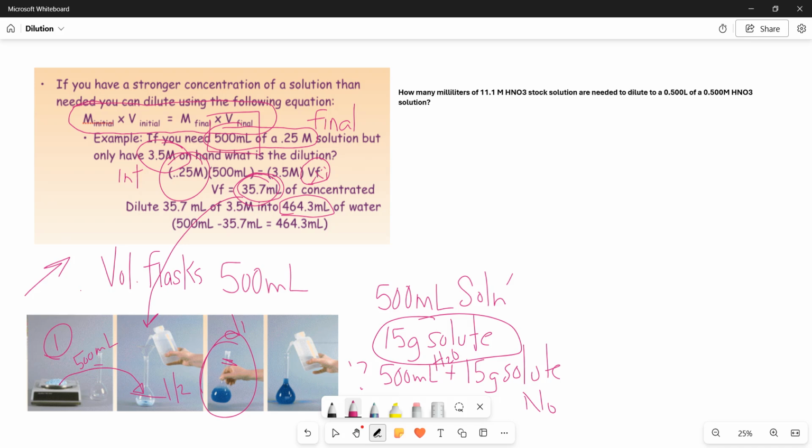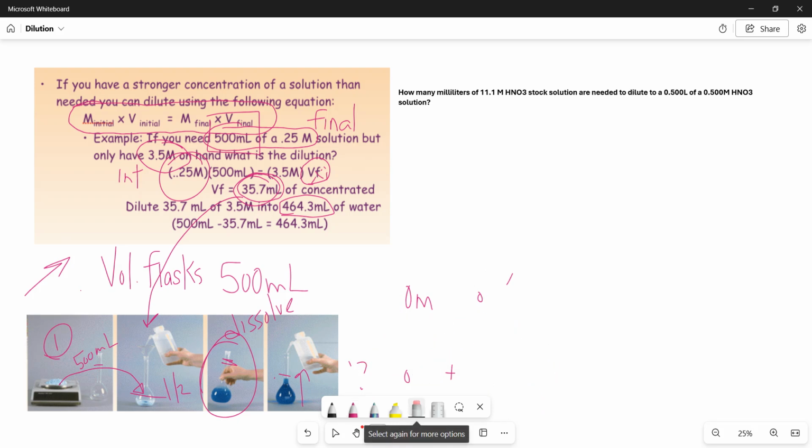Okay, so here we're dissolving what we do have of the solute in a portion of the water, and then fill the water the rest of the way to that calibrated line there. And it will be less than 500 milliliters of water, but the solution will be 500 milliliters. And the solution contains both the solute, which is the powder that I measured, and the solvent, which is the water.